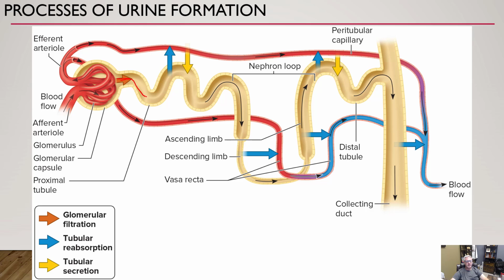Then it is reabsorbed in the collecting duct, so it's going to go back out into the plasma. It undergoes both reabsorption and tubular secretion, so it might come back, it might go out, and it might come back in.